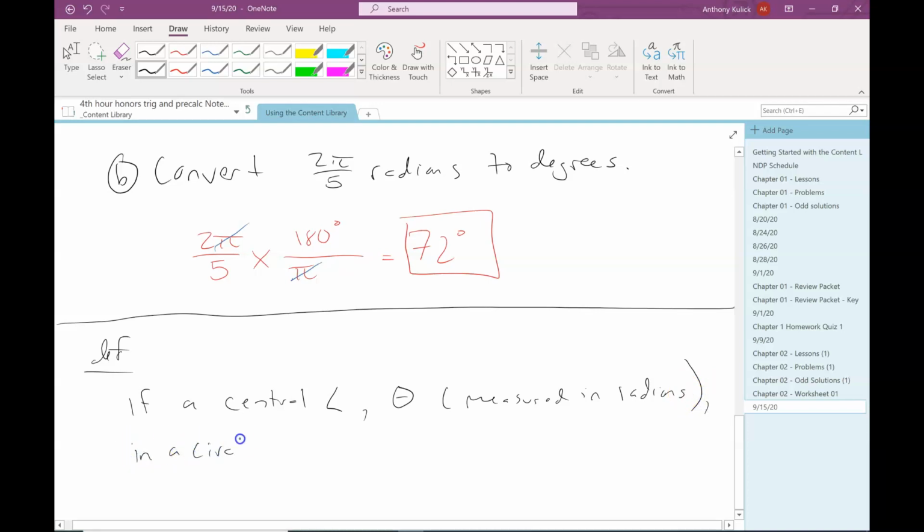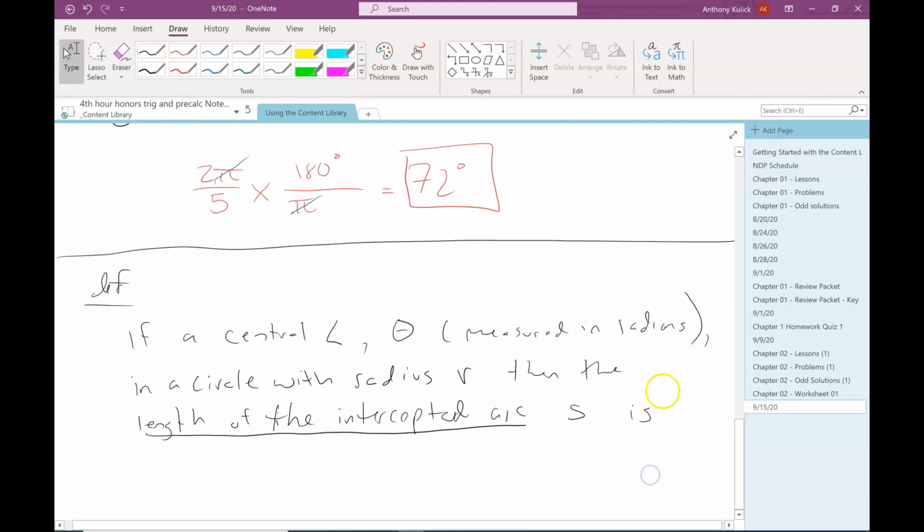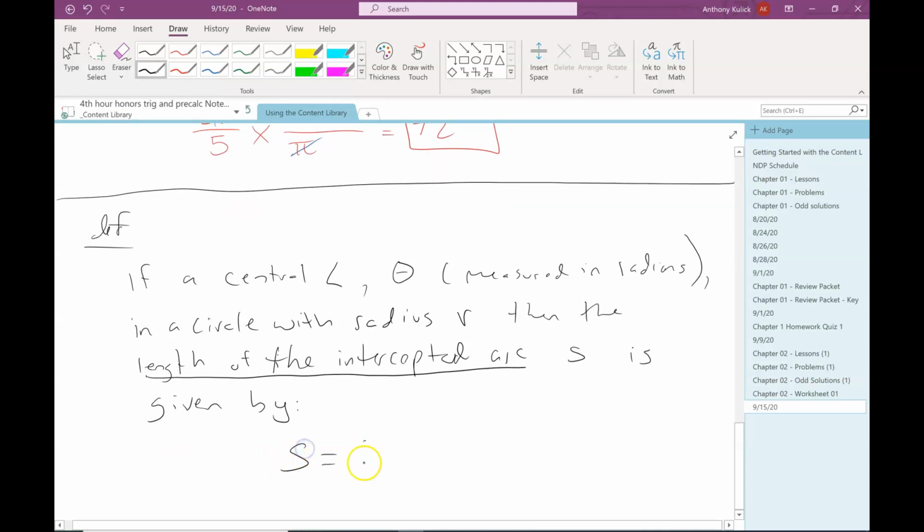In a circle with radius r, the length of the intercepted arc S is given by S equal to theta r, excuse me.